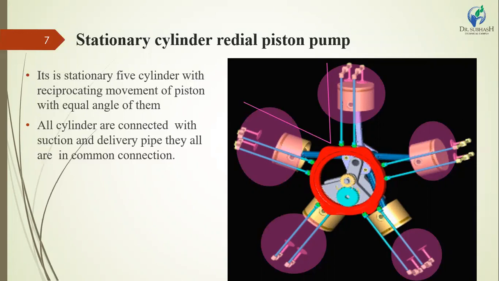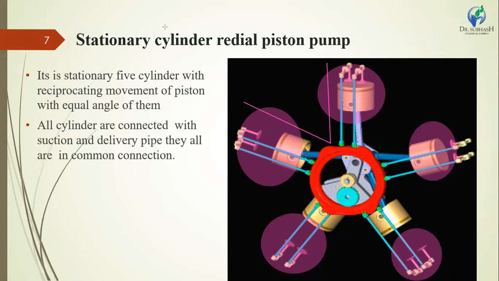This is the center point. We give an external prime mover, meaning a rotational speed, to this coplanar mechanism. All the piston arrangements work continuously, performing suction and delivery in sequence.